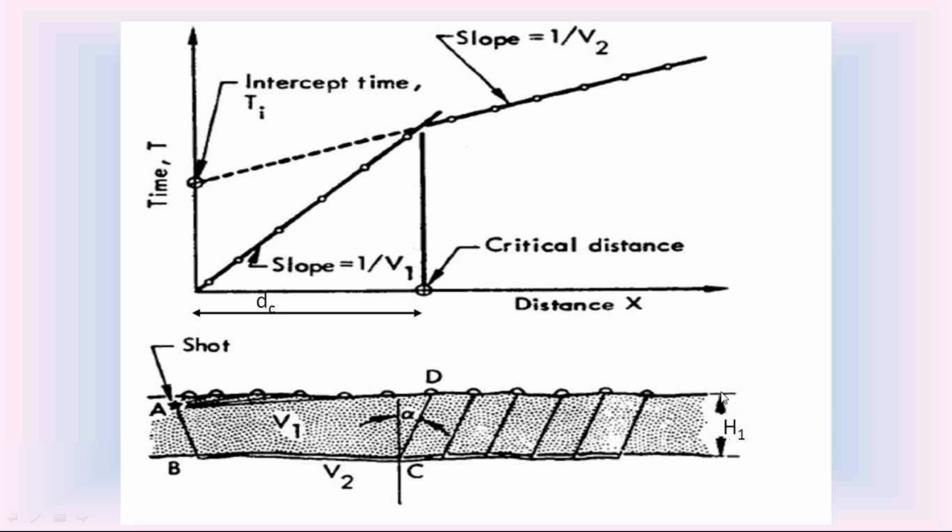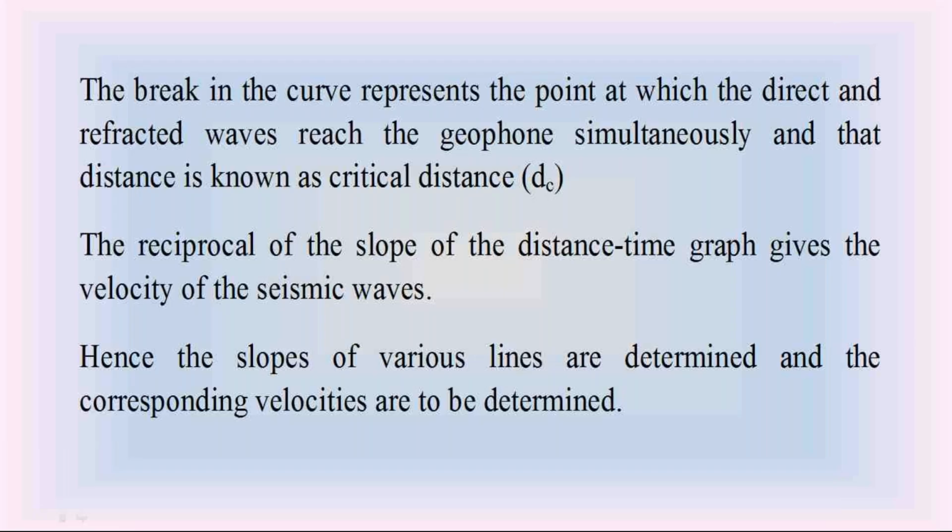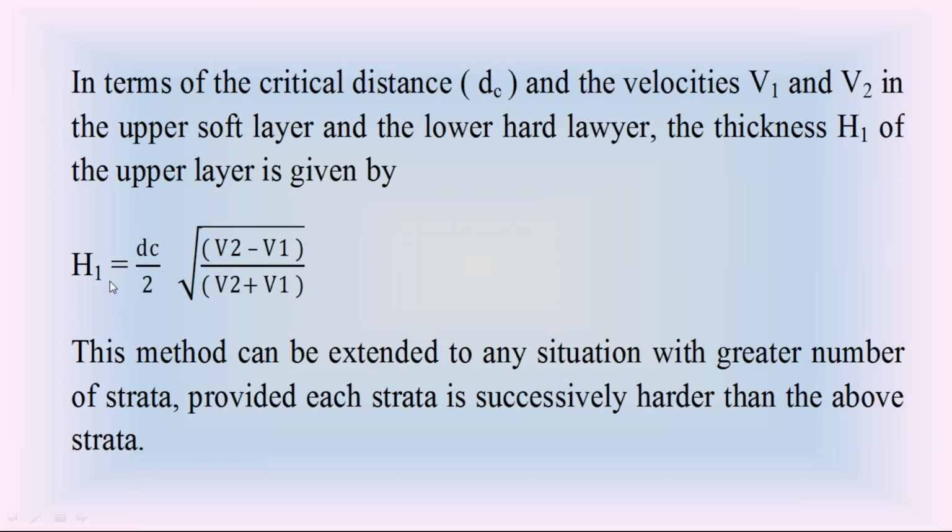We have an equation to find that height H1. This is the equation. The height of the first soil layer below the ground level, H1, is equal to DC divided by 2 times the root of (V2 minus V1) divided by (V2 plus V1). By using that equation, we can find out the height of the first soil layer below the ground level.